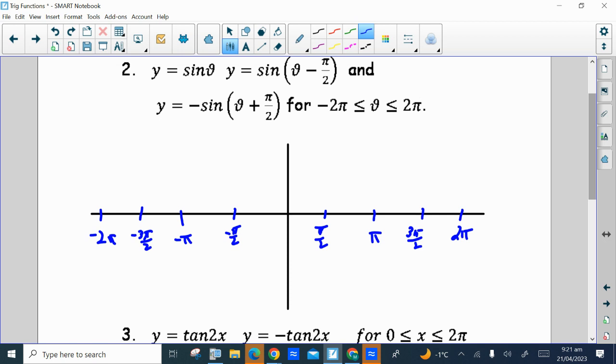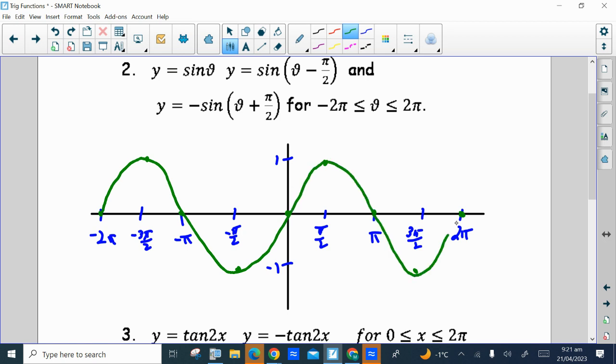And we'll start with the graph of sine theta, which goes up to 1 and down to -1. Sine theta starts in the middle, critical points at every pi on 2. End of the first cycle is at 2 pi. Going backwards, follow the same pattern. So there's the graph of sine theta between -2 pi and +2 pi.